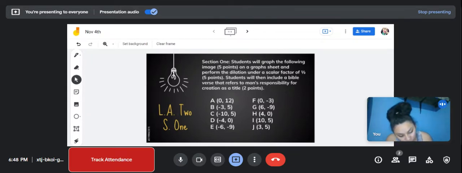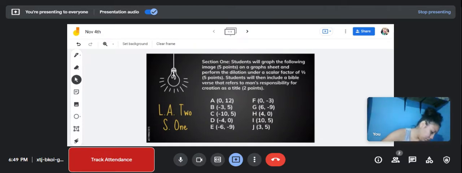So what I'm going to be showing you guys is basically how to mark the points, to find the points, and then from there you guys should be able to do the rest of the graphing, because I'm not going to be showing you guys the graphing. I think that you guys should at least be able to plot the points.